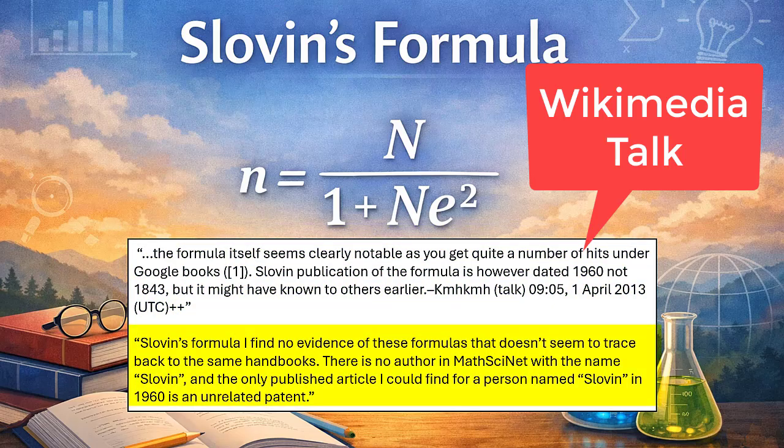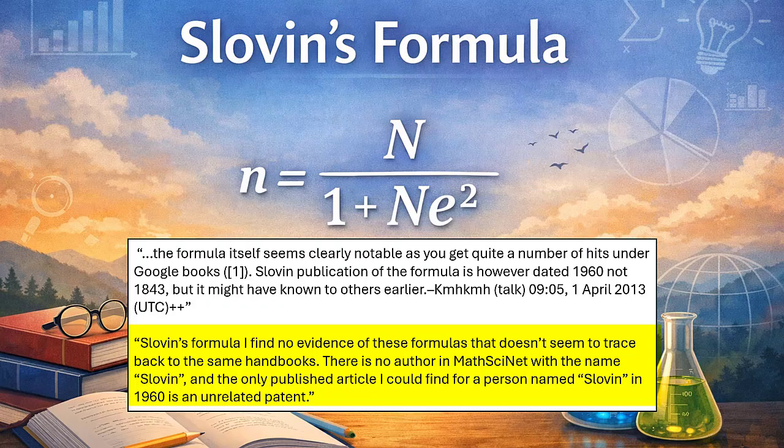I find no evidence of these formulas that doesn't seem to trace back to the same handbooks. There is no author in MathSciNet with the name Slovin, and the only published article I could find for a person named Slovin in 1960 is an unrelated patent.